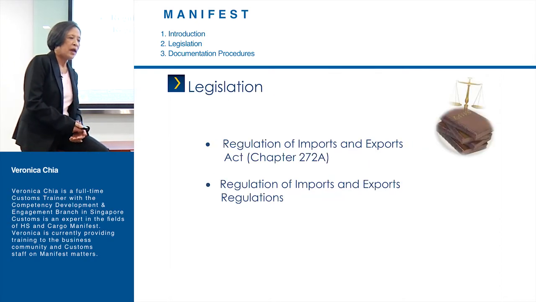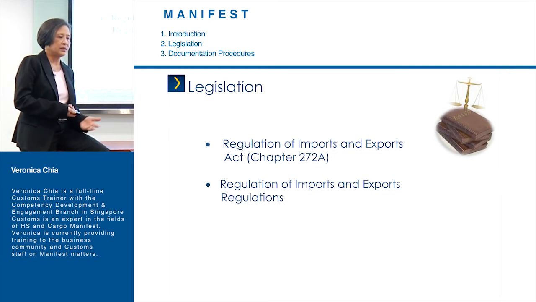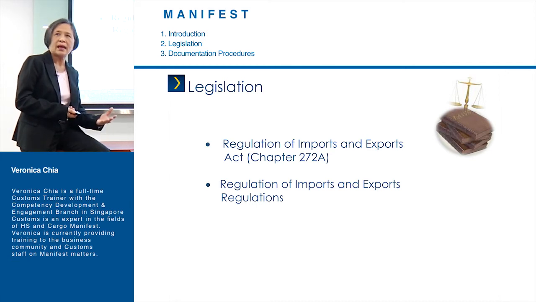Legislation. The legislation is the Regulation of Imports and Exports Act, which is what I call the mother. And the child is the Regulation of Imports and Exports Regulations. From the Act, under Section 2, we have the power to come up with the regulations. Regulations are easier to change or update.